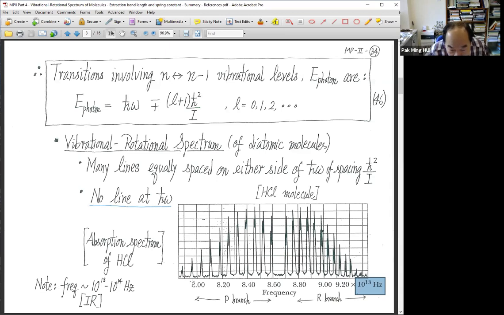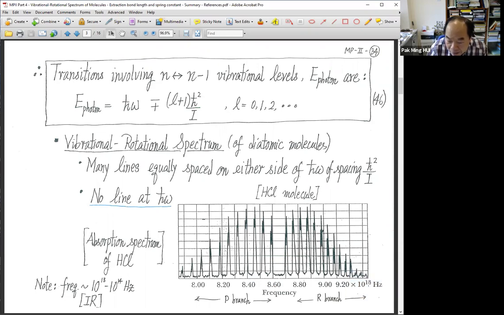Secondly, look at the labels. The labels are very close to each other. So this is 8.4, this is 8.6. So this much is only 0.2 times 10 to the 13 hertz, or 2 times 10 to the 12 hertz on the scale that is 10 to the 13 hertz.